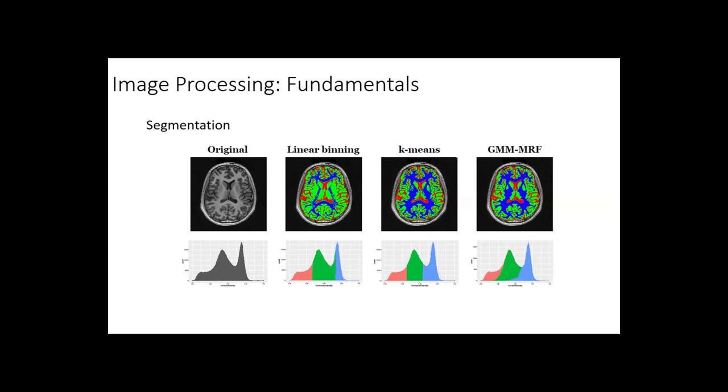Our brain does not look like this. Our brain tissue should be very continuous, uniform, and kind of homogeneous. So this is the result that we are looking for. Okay, so the threshold method has limitations.